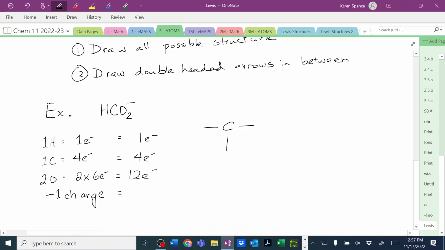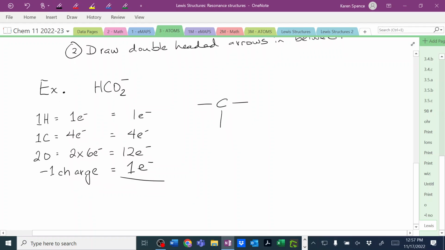And then our -1 charge, since electrons are negative, that means we added 1 extra electron. So we're going to put 1 extra electron there. And then we just add them up.